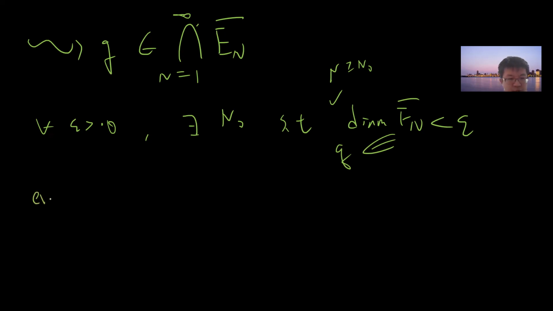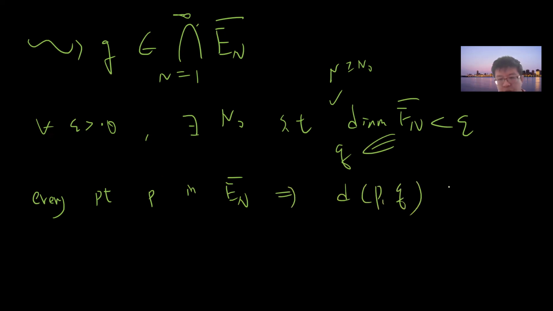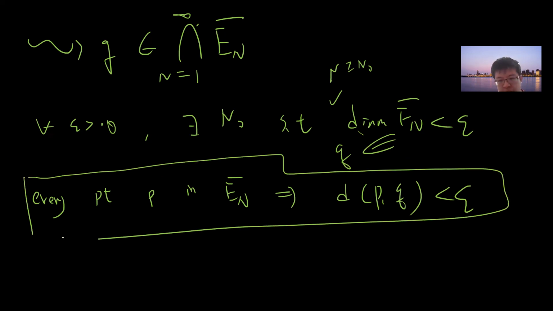So every point P in En bar satisfies d(P,Q) less than epsilon, because this is the diameter.